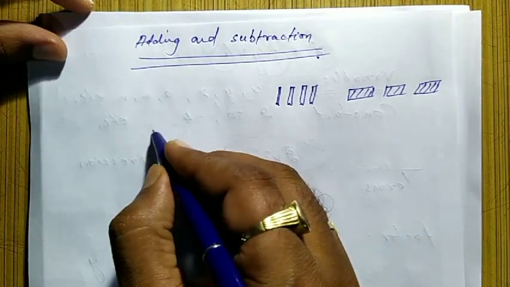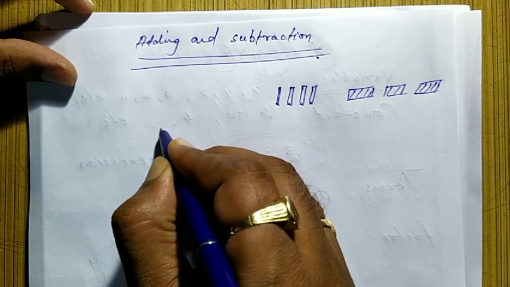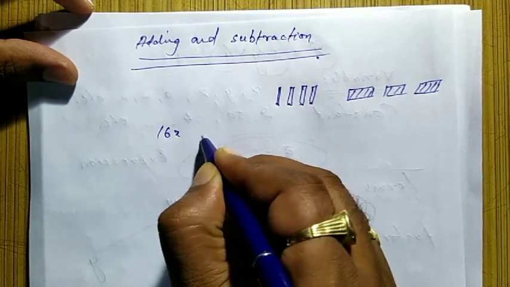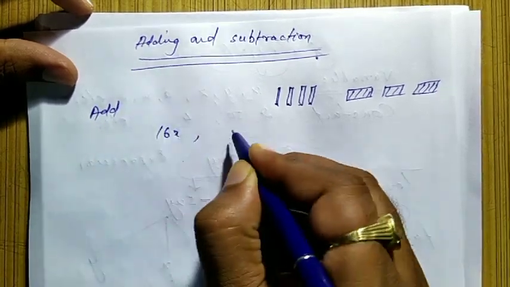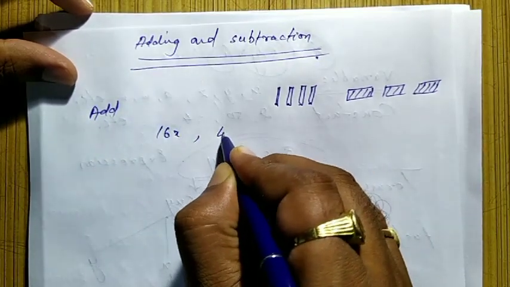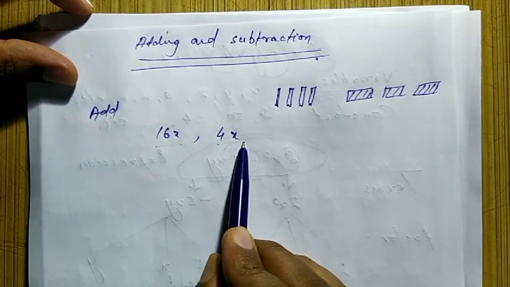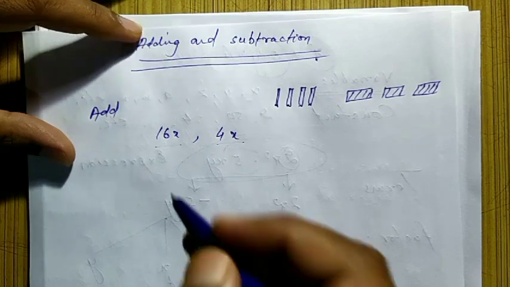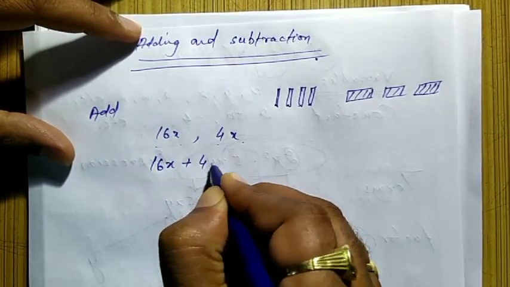Take one example. Suppose the question is add 16x and 4x. This is a like term. So how will we add 16x plus 4x?